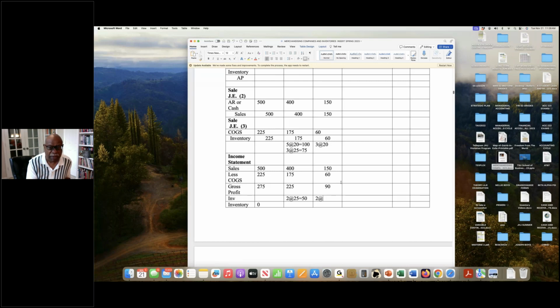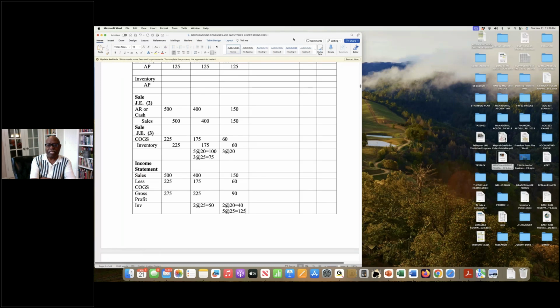So that's going to be equal to 40. And we got all of the 5 at 25. That's going to be equal to 125. Any questions?